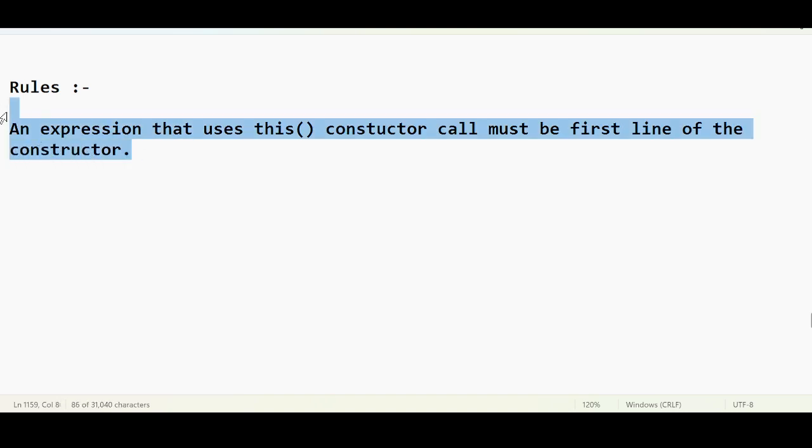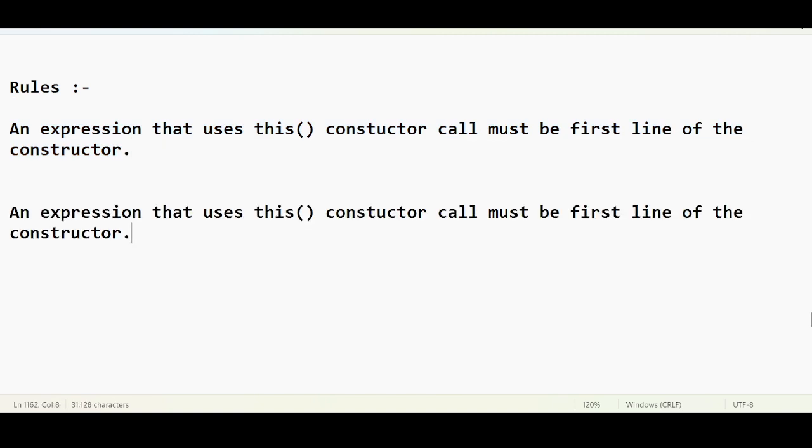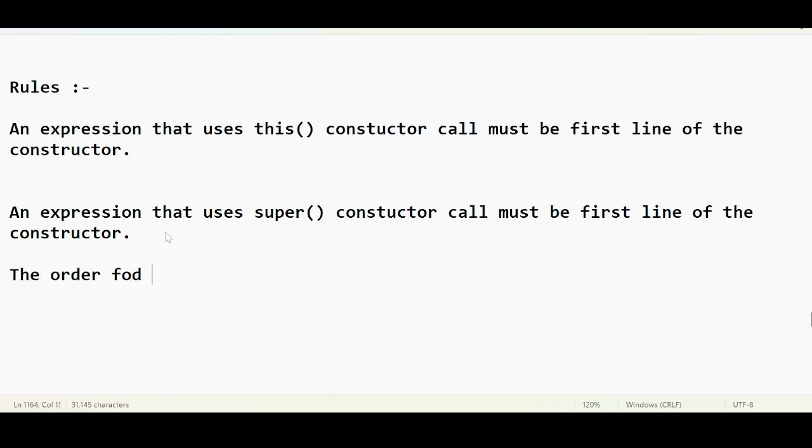Likewise, the expression that uses a super constructor call must also be the first line. You can use either one. So this is rule number one, and really the order is not a big deal. The order does not matter in constructor chaining.